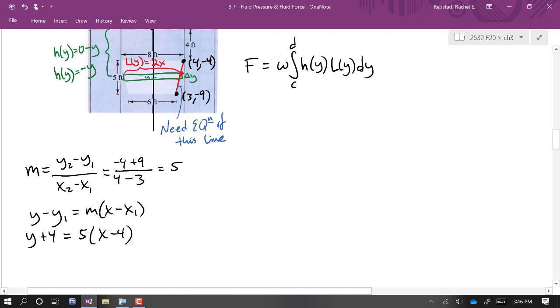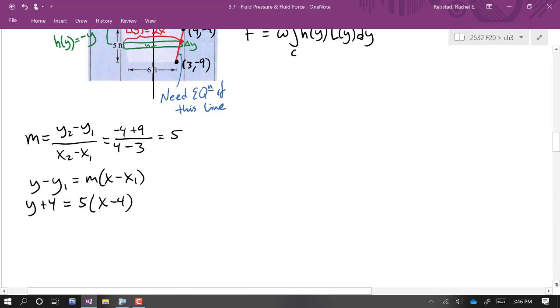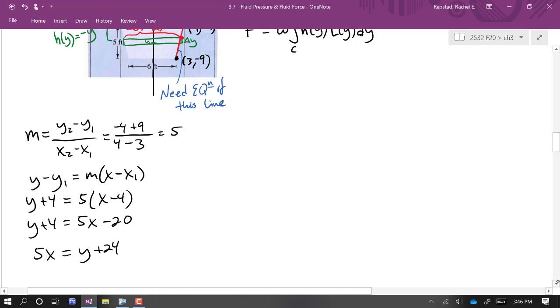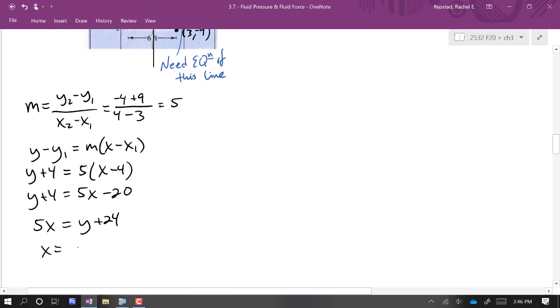I want to actually solve it for x, right? Because then L of y is 2 times x, and I want to get that as an expression of y's, because we're going to be integrating with respect to y. Going to distribute the 5. Solve for 5x. 5x is y plus 24, and then dividing by 5, x is 1/5 y plus 24/5.